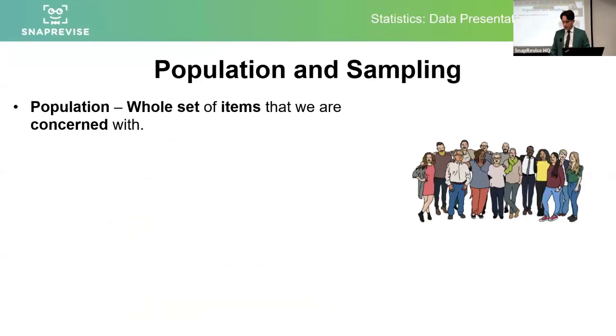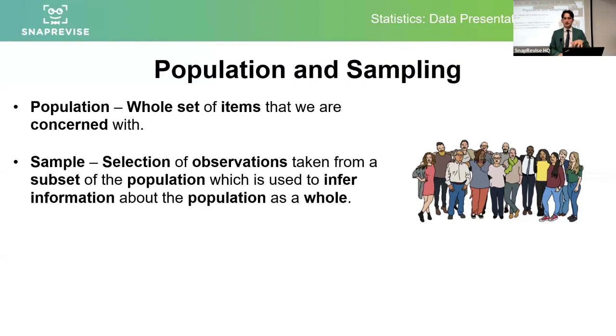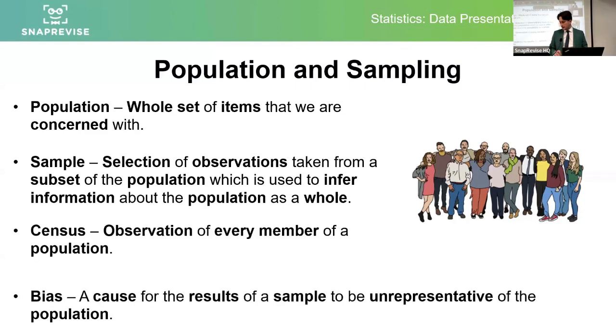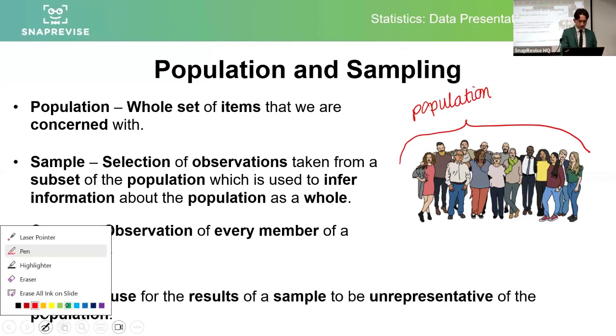Just looking in general at population and sampling, some of you will have seen this in other A levels as well, but these are key terms that we need to know. The population is everyone or everything. It doesn't have to be people; in marketing, it might be products, but the population is all of them. A sample is a subset of that group.